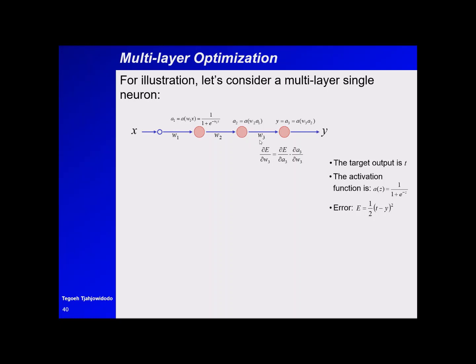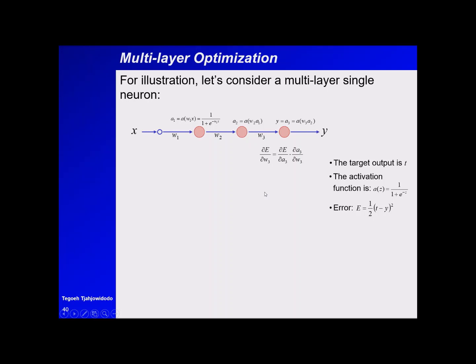Delta W3, where the updating factor is dependent on the first derivative of E with respect to the corresponding weightage W3. To be precise, delta W3 will be equal to minus alpha, the learning rate, times the first derivative of E with respect to W3.